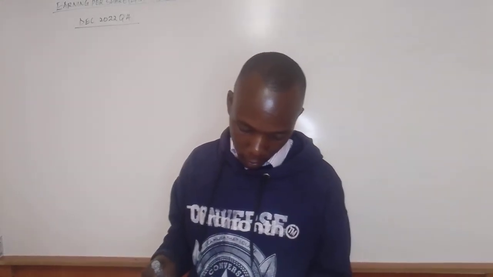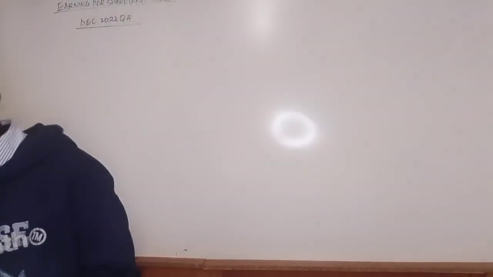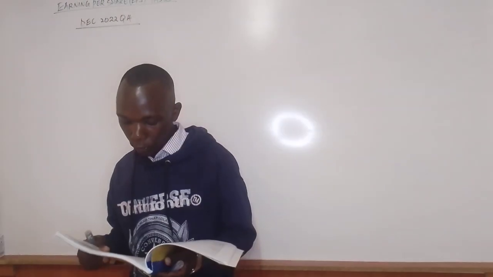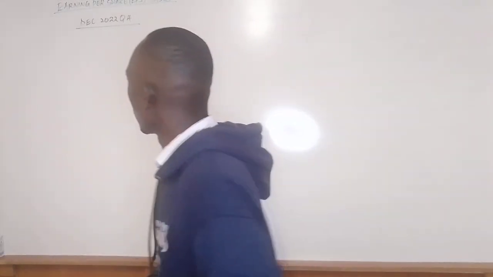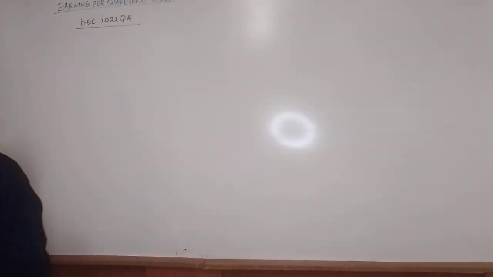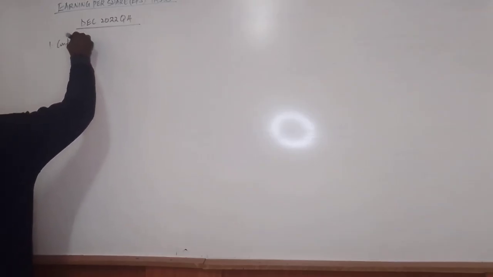Now, question 4a, you are told that in the context of International Accounting Standard 33, that is the earnings per share, explain the meaning of the following terms. The first term they want us to explain is what we call the contingently issuable ordinary shares.